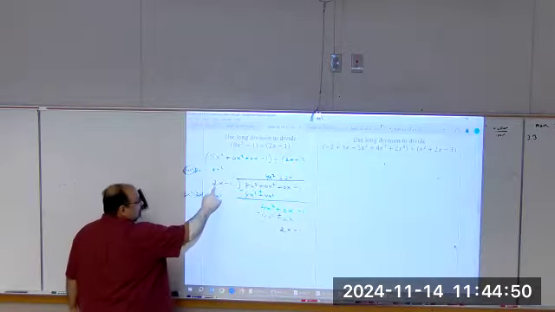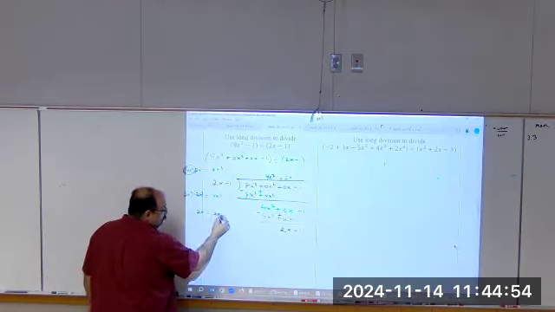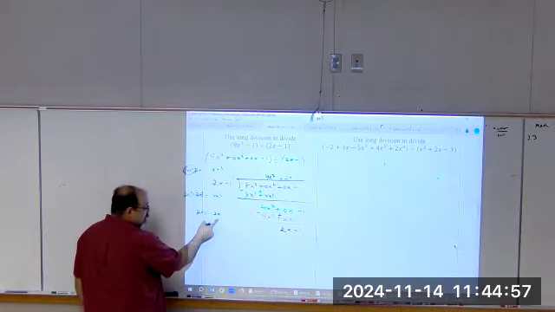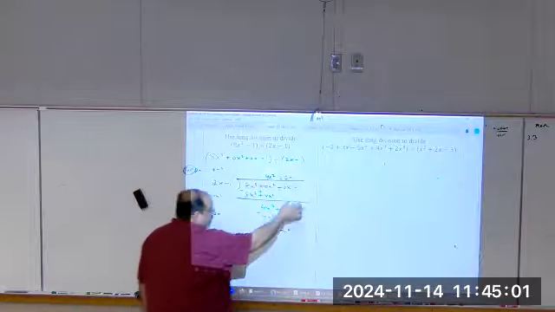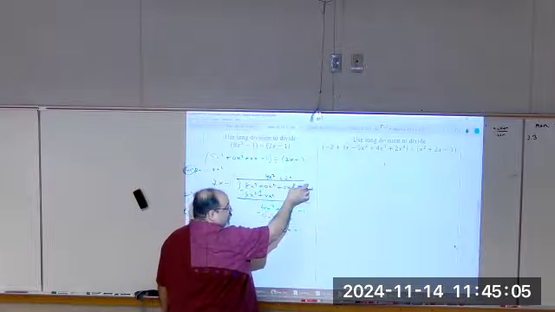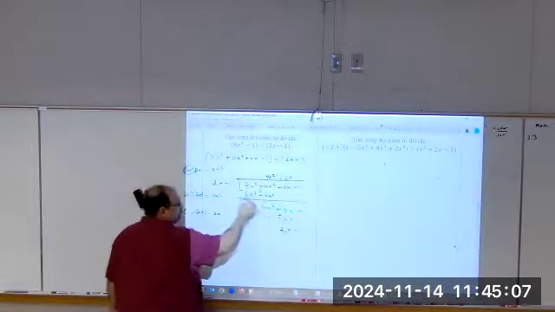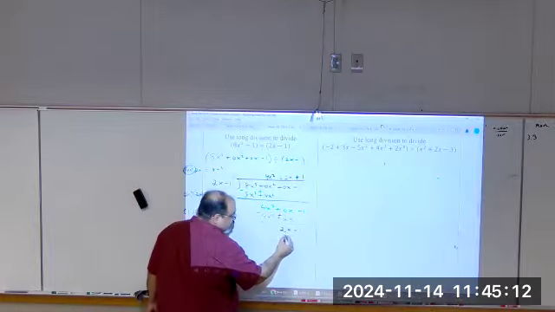And then I have a 2x. I want a 2x. So what times 2x is 2x? A 1. So I have to have a last term: x squared, x to the first, my constant. So I'm going to multiply this by plus 1. 1 times 2x minus 1.